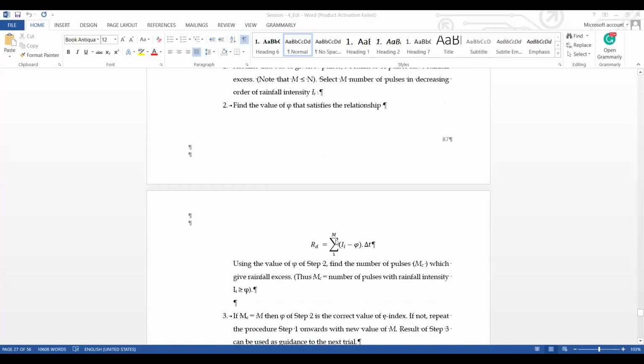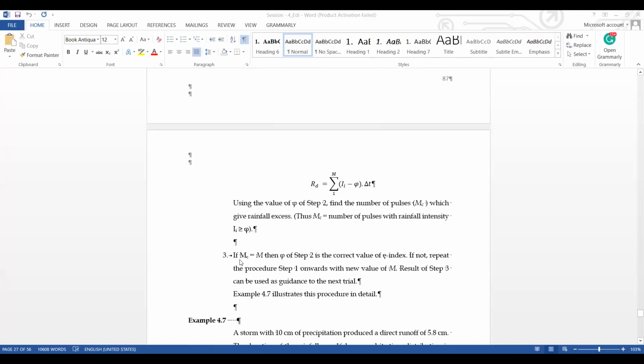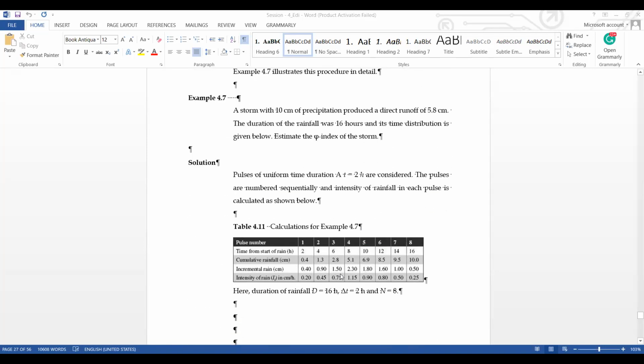Then in the third step, if the number of pulses which are greater than the phi index is equal to m, then the calculated phi in step 2 is the correct phi index. If not, you will have to repeat step 1 with another assumed value of pulses.